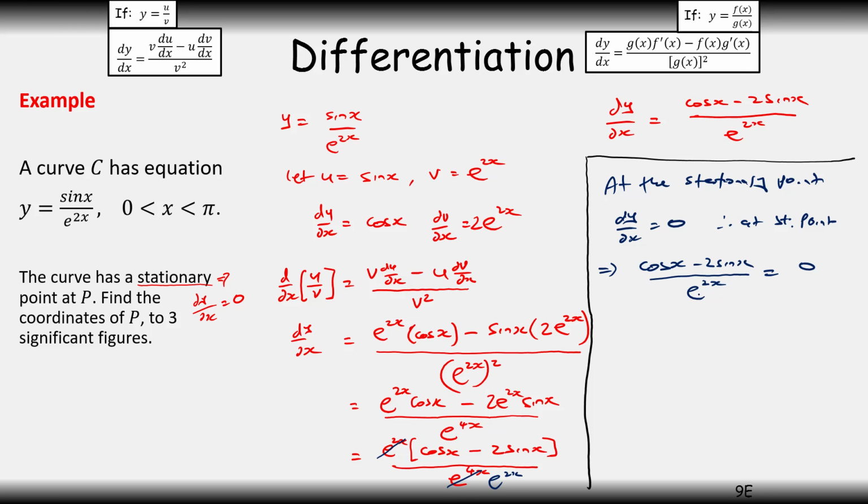So rearranging, cross multiply, we bring the e to the power of 2x over and it multiplies to 0. So you end up with cos x minus 2 sine x is equal to 0.